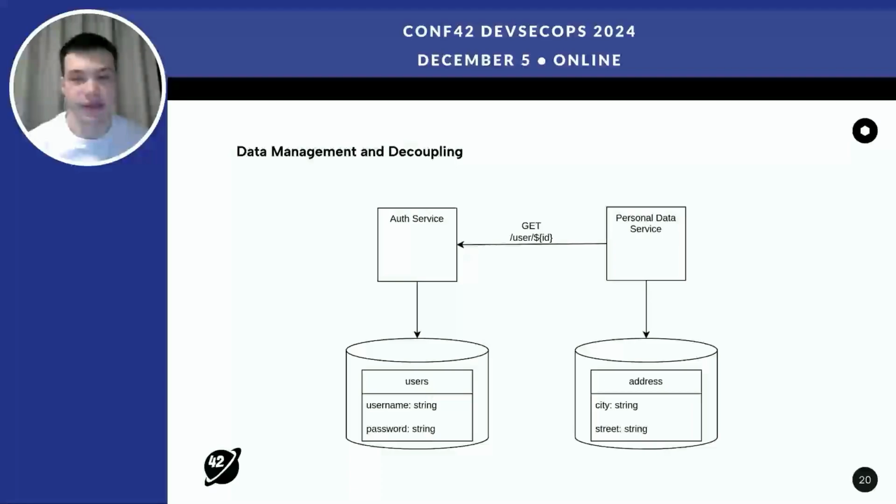We can create, let's say, 2 microservices and divide our data into 2 separate tables. The first one is for users, and the second one is for addresses. And if our person data service needs some user info, then it can just make a GET request to the auth service.